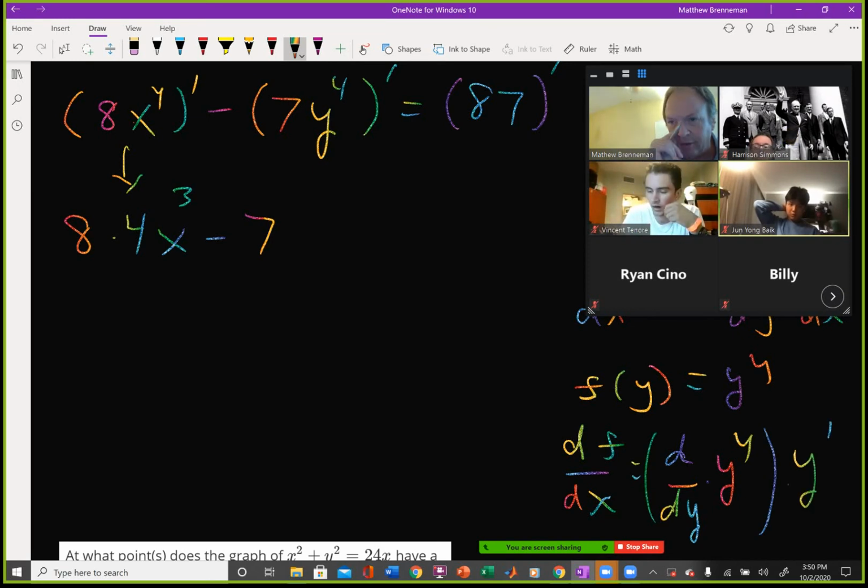And this is easy. This is just the power rule. It doesn't matter if you have x or y or s or t, as long as the variable you're taking the derivative with respect to is the same as the variable in the power function, we know the answer. So this is going to be 4 times y cubed times y prime.